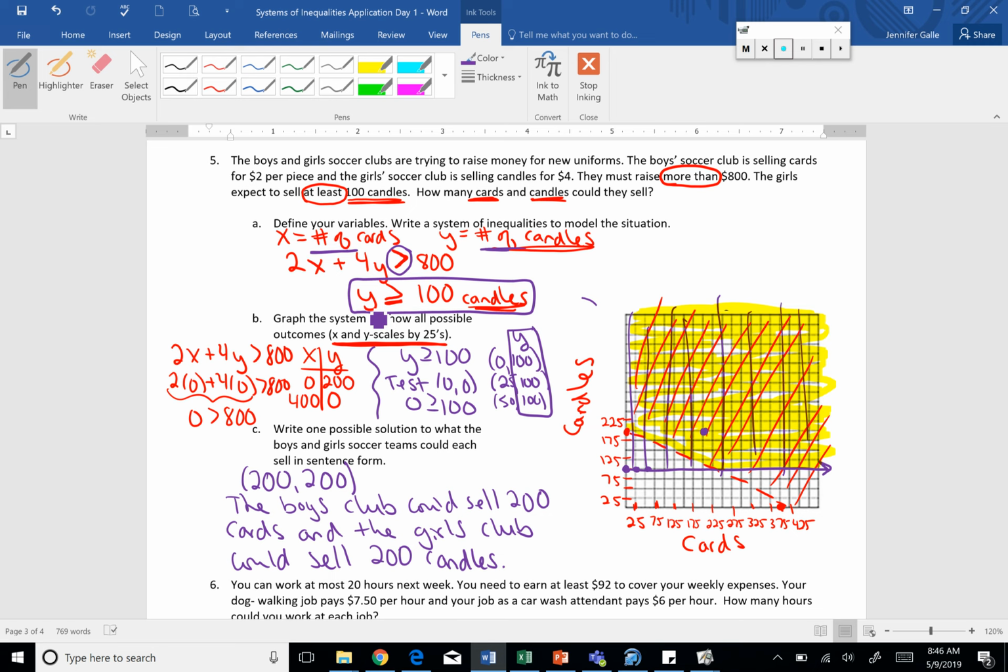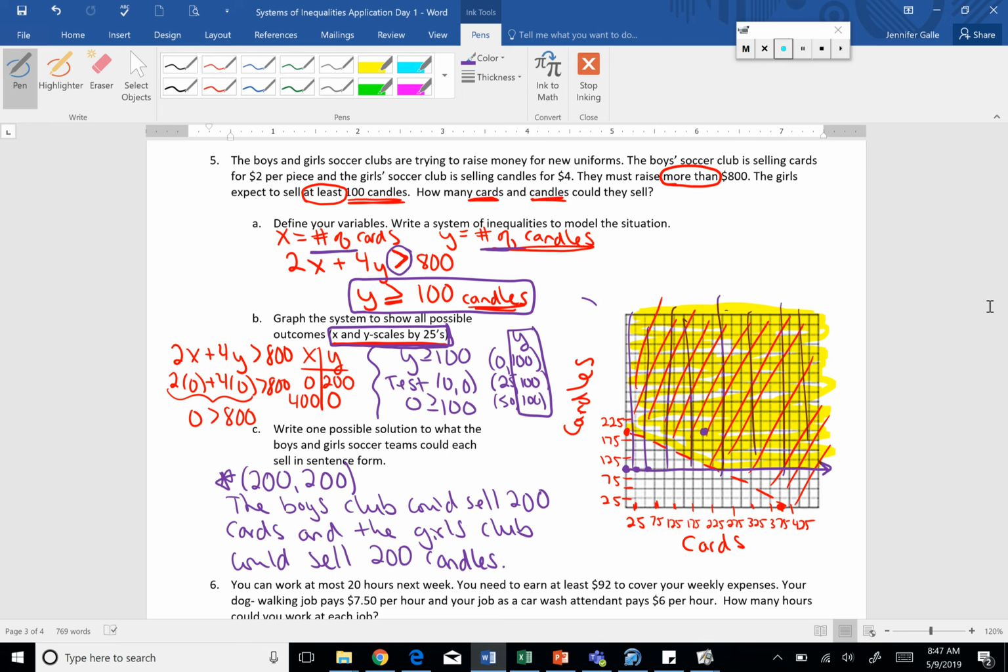Third big idea from this problem, why I chose it, the X and Y scales, we had to change them to go by 25 so our graph could actually fit. So then when we go to get our final solution, we have to make sure we stick with that scale and we pick out that ordered pair. So just be careful of those big things on this type of question.